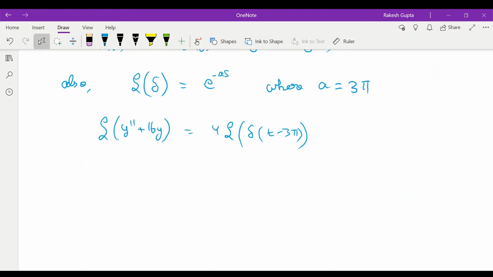Now we use the distributivity of Laplace.